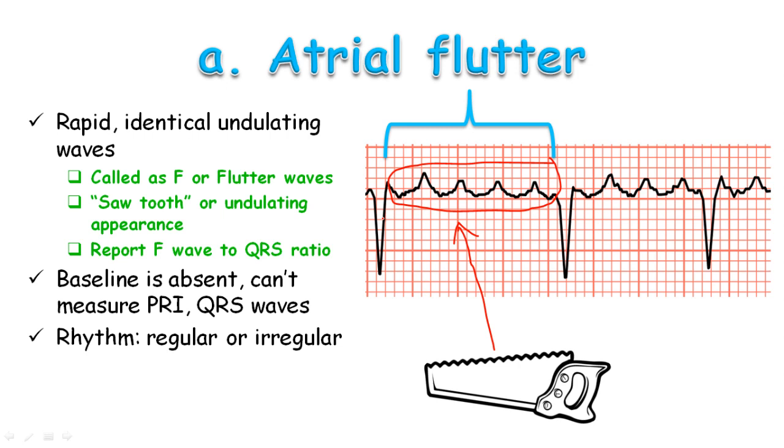Between the QRS complexes, only F waves can be seen. The complete baseline will be absent, and the PRI and QRS cannot be measured. The rhythm of the heartbeat may be regular or irregular. The heart rate may be around 250 to 300 beats per minute.